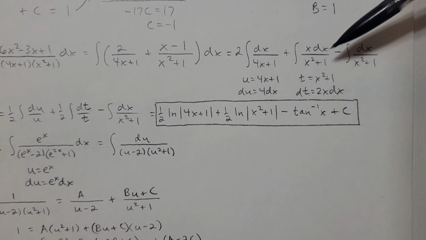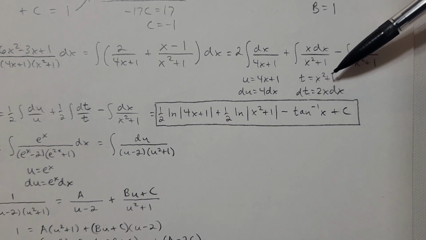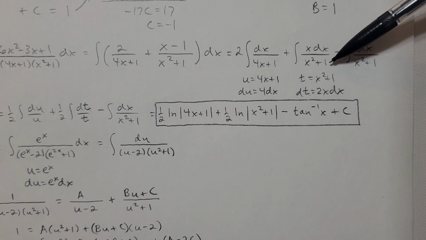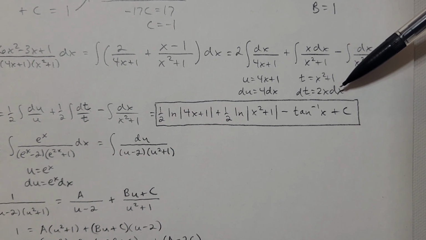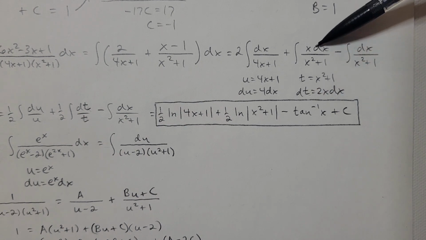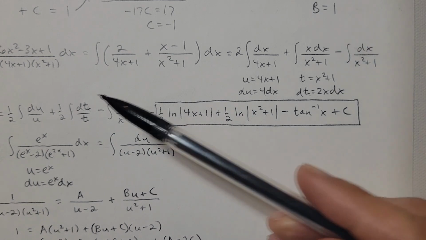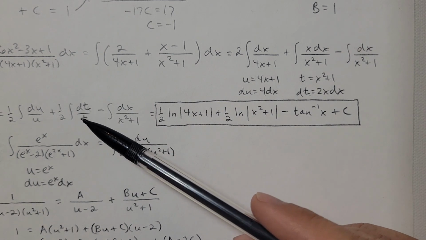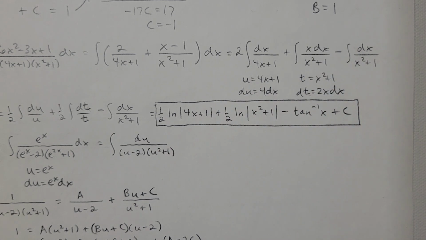Plus, on the second integral, if we also use a u substitution, I'm calling this t though, t is x squared plus 1. Well, dt would be 2x dx. Okay, so 1/2 dt is x dx. I got an x dx in the numerator. So it's going to be plus 1/2 times the antiderivative of 1 over t dt.